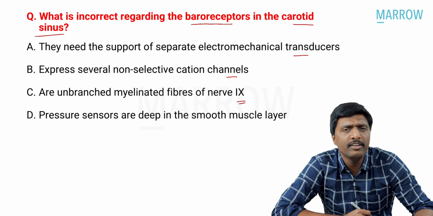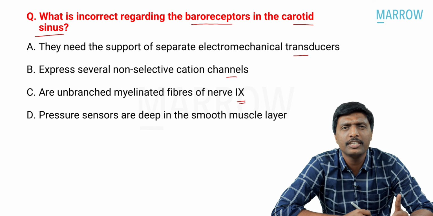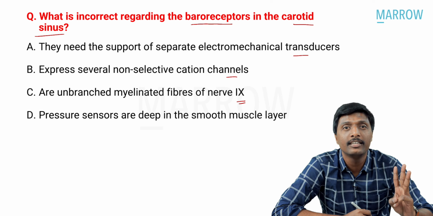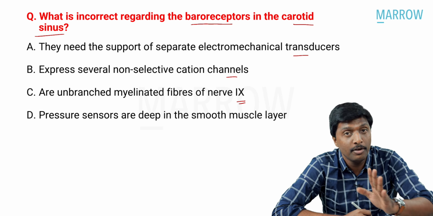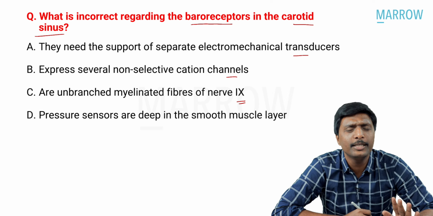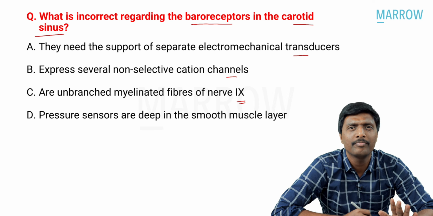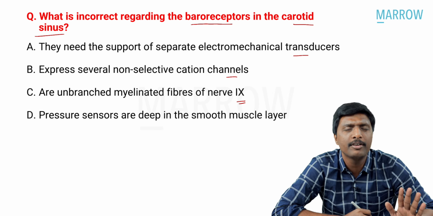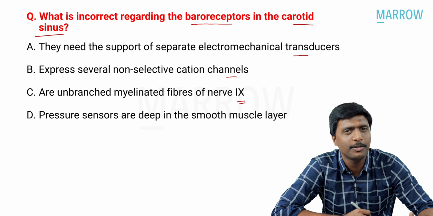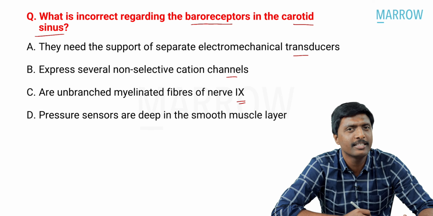If you look very carefully, guys, SA nodal potential, ventricular action potential, baroreflex, nerve action potential are some important areas. Invariably, 100% a question is definitely going to come. These are some important areas you should never ever miss. Now this is about baroreceptors and baroreflex. Last session also they asked one question from baroreflex, right?